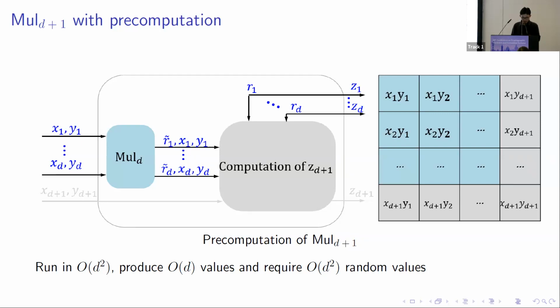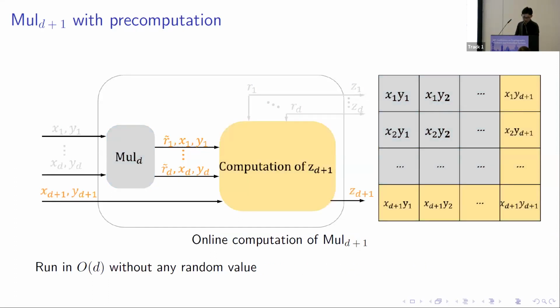It should be noted that D shares of each input are produced by the refresh gadget mentioned before, so the pre-computation phase is only determined by random variables. This phase runs in quadratic time, producing D values and requires around D squared random values.